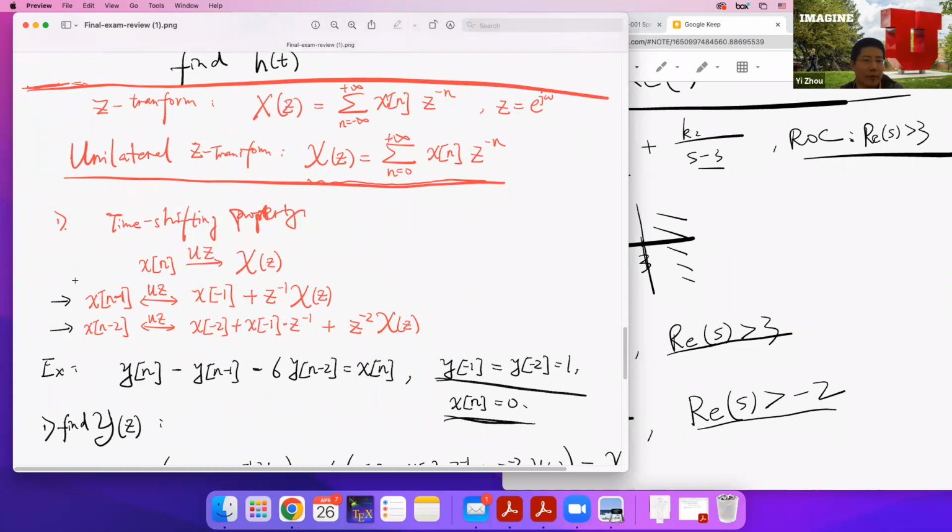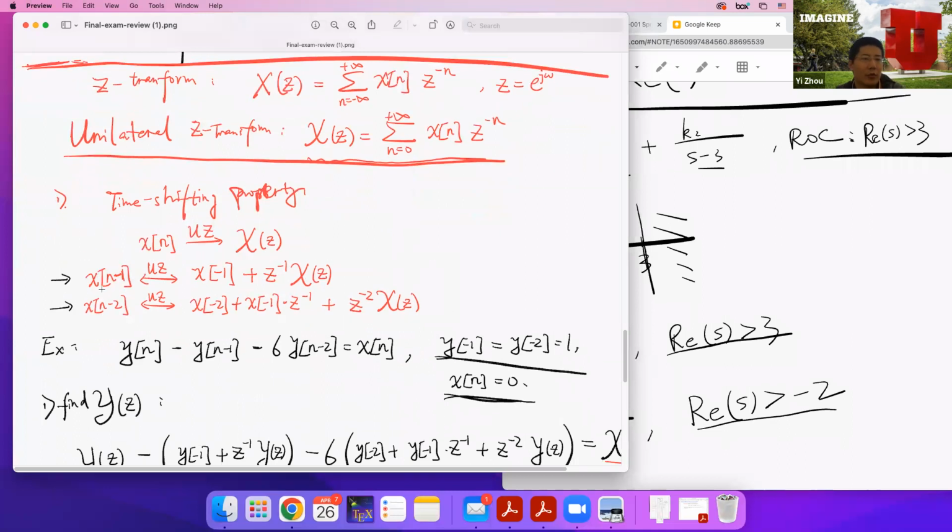So the most important property here is the time shifting property, because we need to apply the unilateral transform to solve the difference equations. So if a signal is shifted in time by 1, like x[n-1], then the corresponding unilateral Z transform is given as follows.